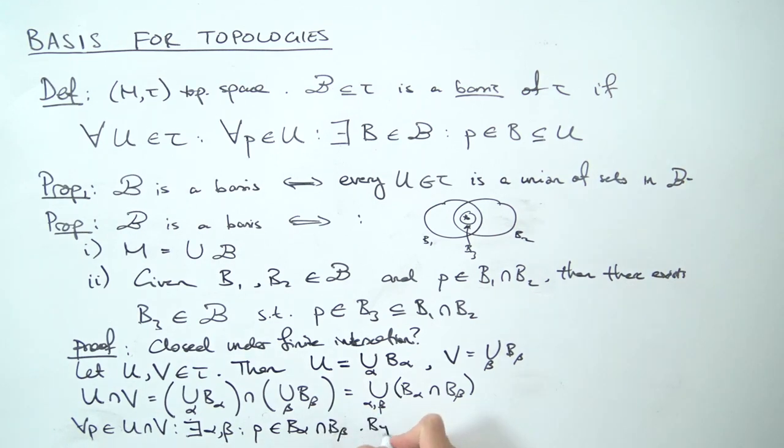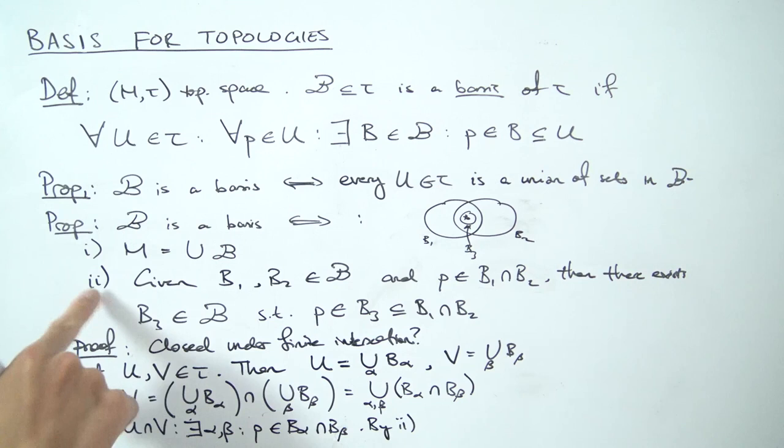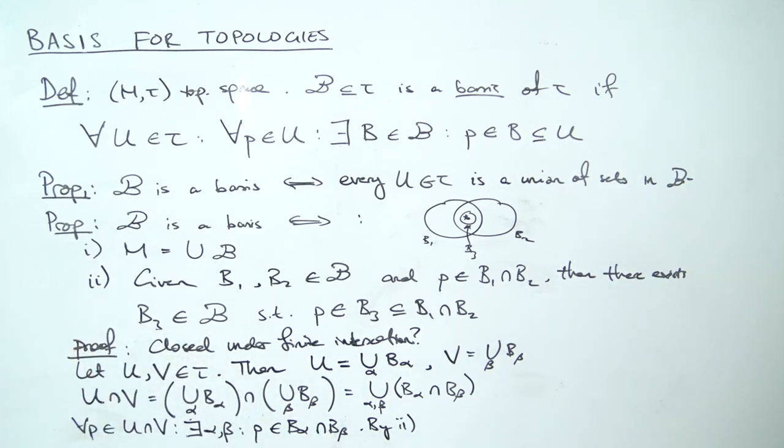But now notice, by the second condition, which we assumed was true over here, there must exist some, let's call it B_P, because it's going to depend on this point P, and this lies in B, such that P is an element of B_P, and this thing lies entirely within B alpha intersect B beta.